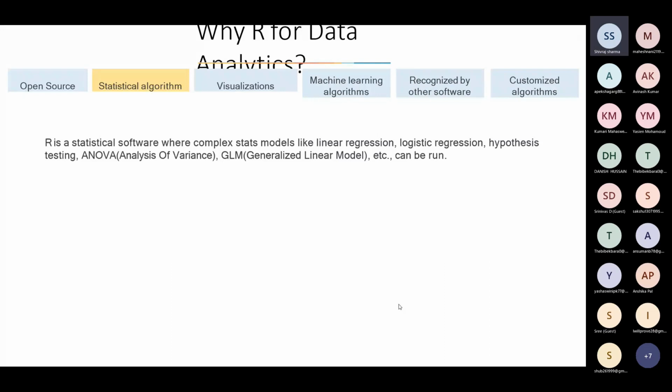Where complex statistical models, I thought you are all aware of terminologies like linear regression, logistic regression, hypothesis testing, ANOVA, analysis of variance, GLM, generalized linear models, etc. All these statistical tools, or you can say statistical models, can be run in your R language.